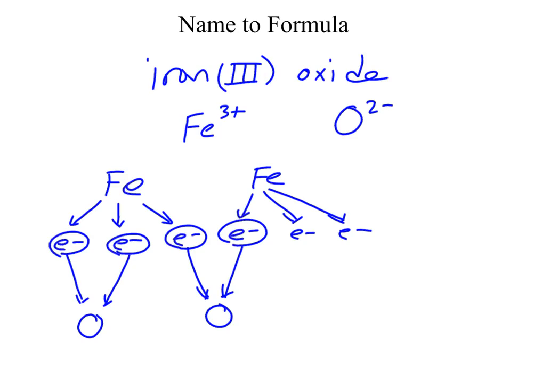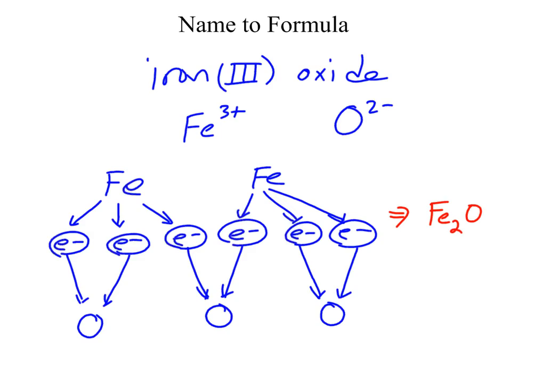Where are those other 2 electrons going to go? Well, obviously they're going to go to another oxygen atom. And now when you count these all up, you have 2 irons and 3 oxygens. So you can come to the conclusion that iron 3 oxide would have the formula Fe2O3.